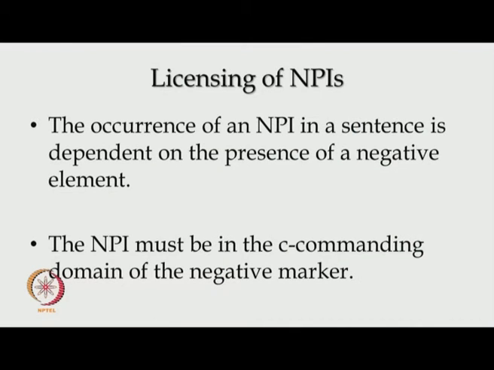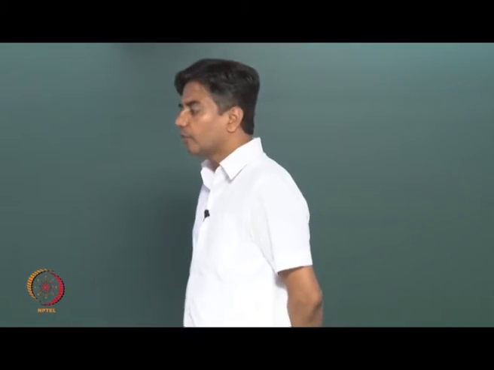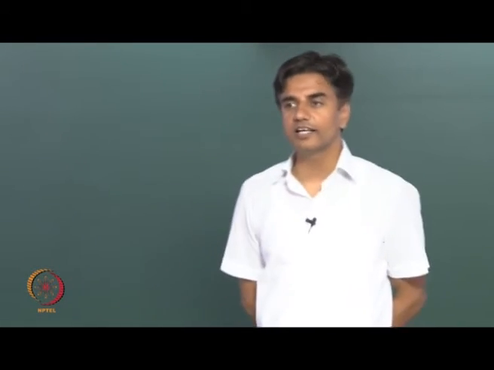So, how can we say that a negative polarity item needs a negation? Needs a negation, that is true. But where does it need a negation? Does every negation marker license negative polarity items? That doesn't happen. And again, we do not have enough time to give you every single example to show you that.